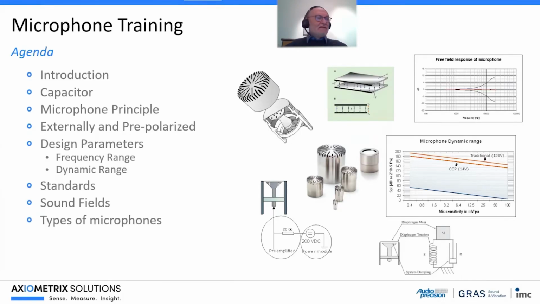It means we will also talk about different types of microphones: free field microphones, pressure microphones, and random incident microphones. We also have to talk about venting of the microphone, because the microphone has to vent to the outside atmospheric pressure, because else it will not work correctly.